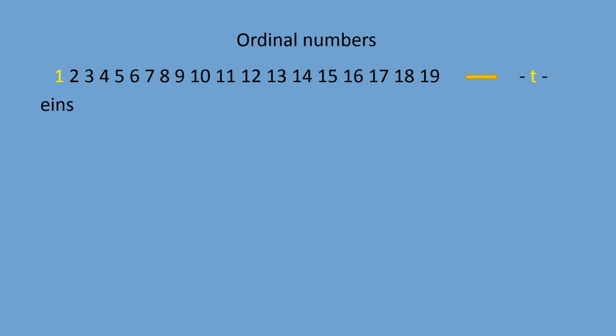We completely change this number. We use an absolutely different word, erst. The t is already at the end, and keep in mind, we still have to put an ending after erst. For example, when we say this is the first prize, we say der erste Preis. So you see the ending e after erst.